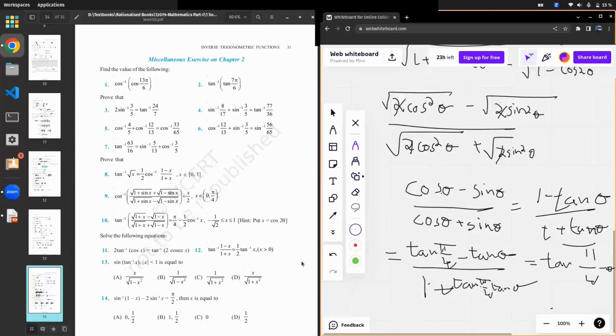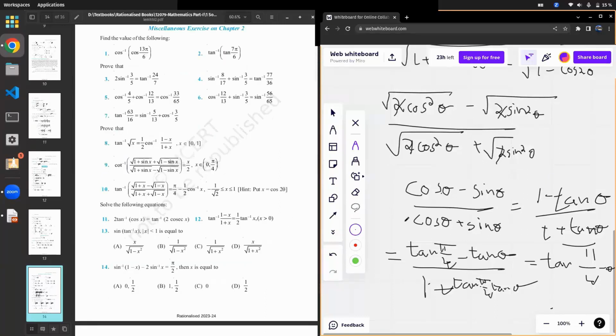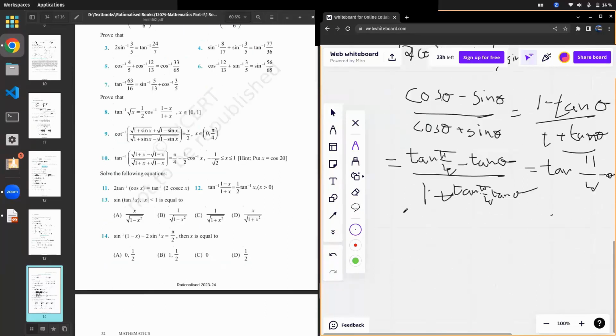So we have substituted x is equal to cos 2 theta. It is given that x belongs to minus 1 to 1. So we'll get the theta range in the valid range of 0 to pi by 2. So this tan inverse of tan of pi by 4 minus theta will be equal to pi by 4 minus theta.